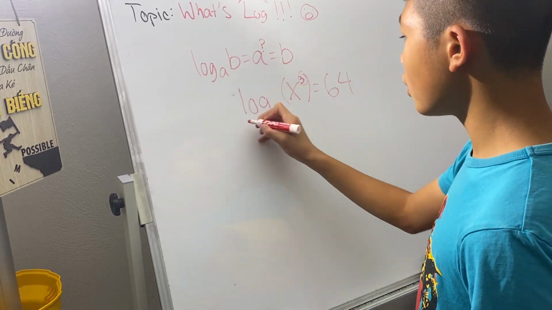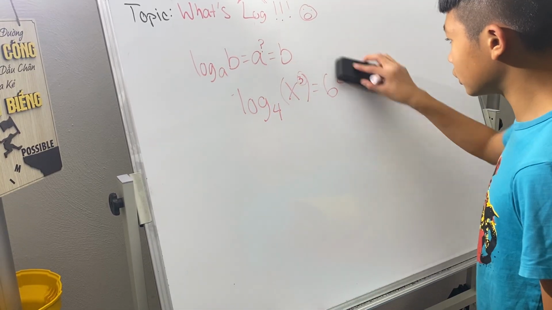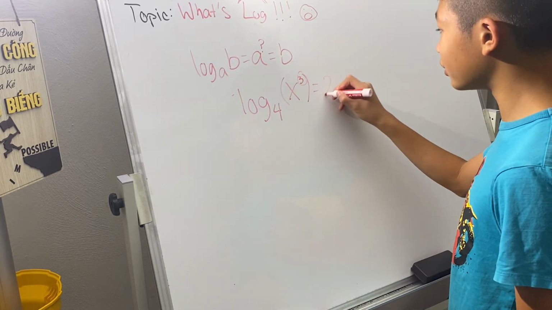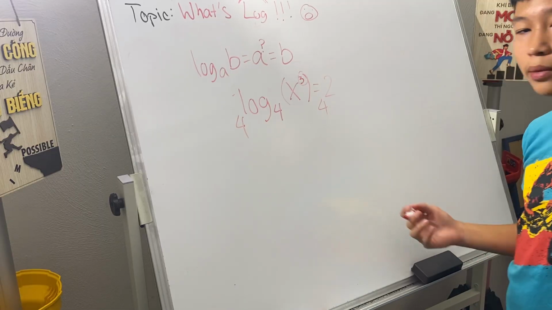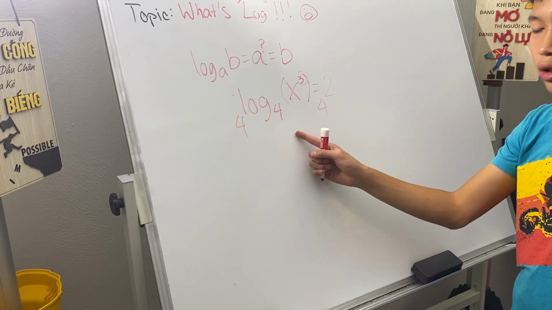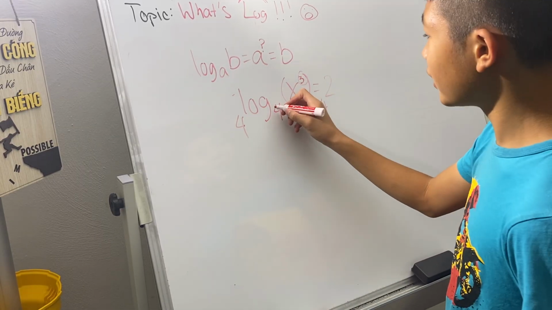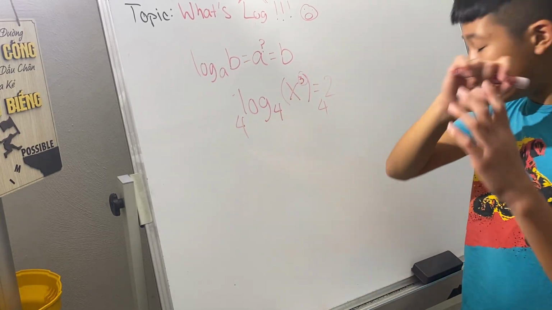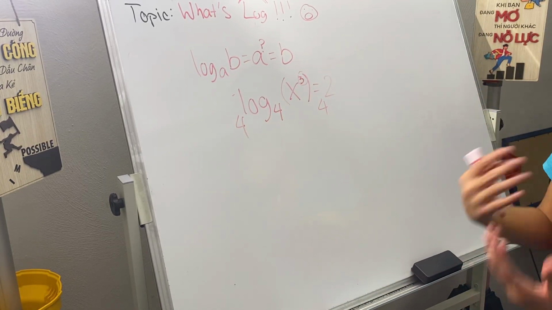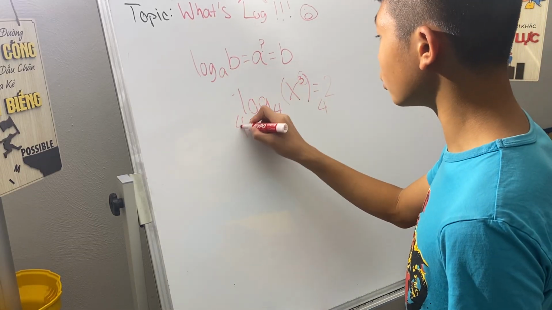Let's raise to the 4 on both sides, because 4 and log base 4 cancel. Remember the trick? Yeah, I don't know why I said 64, because 4 to the 64 would be a really big number. This and this cancel, right?